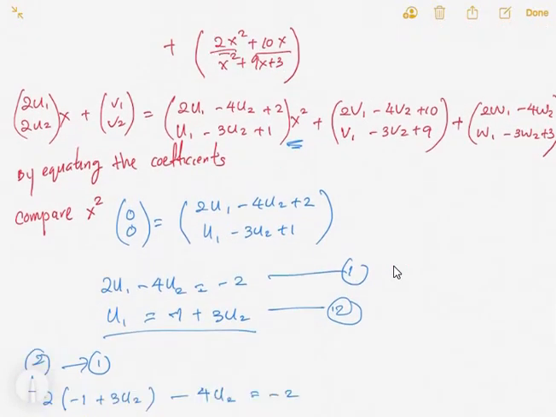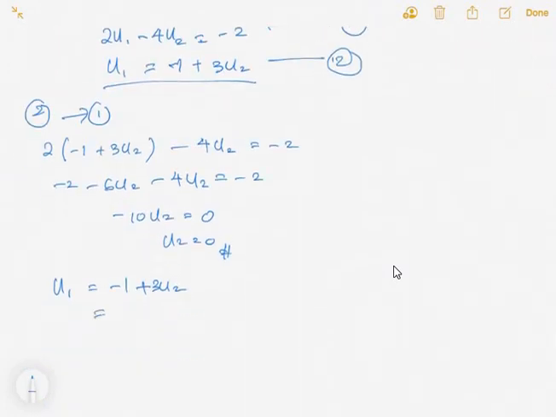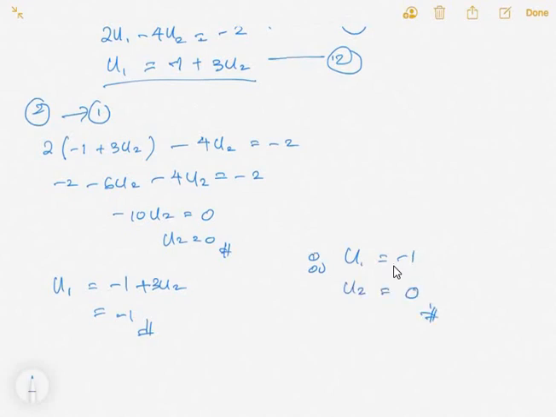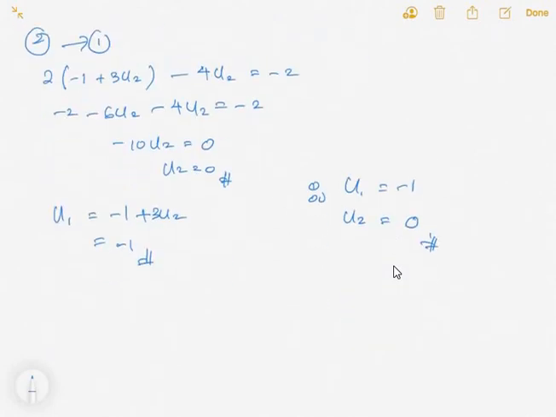Since u2 is 0, you have negative 1 only. So your u1 equal to negative 1, u2 equal to 0. So this is how you obtain u1 and u2 when you compare the x squared.